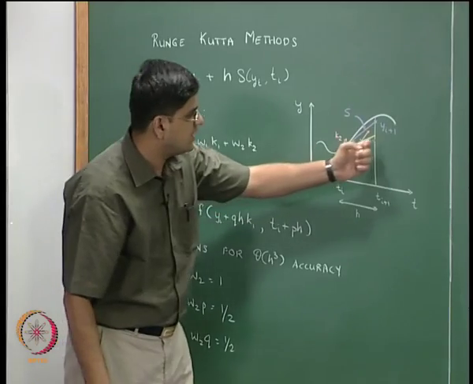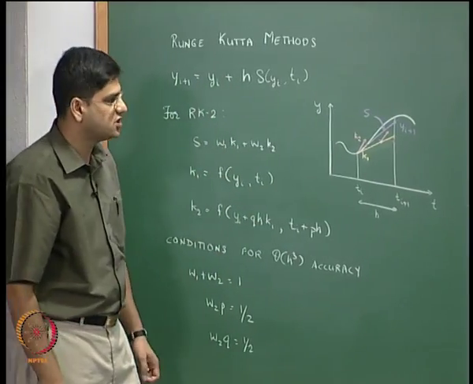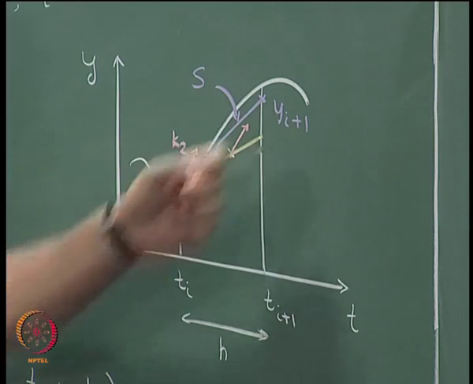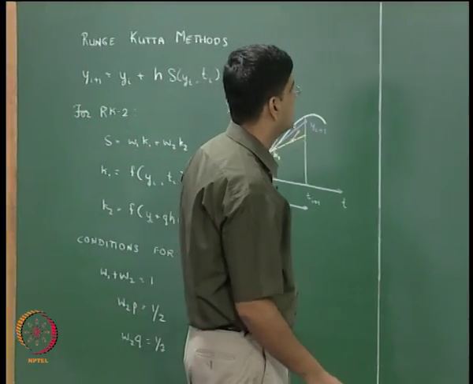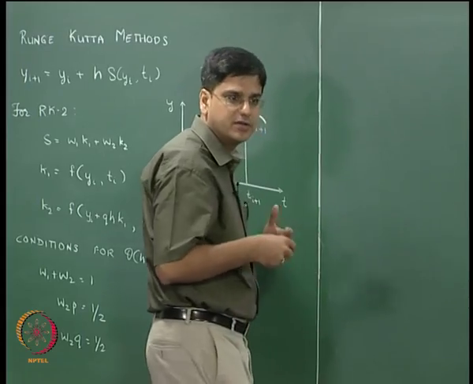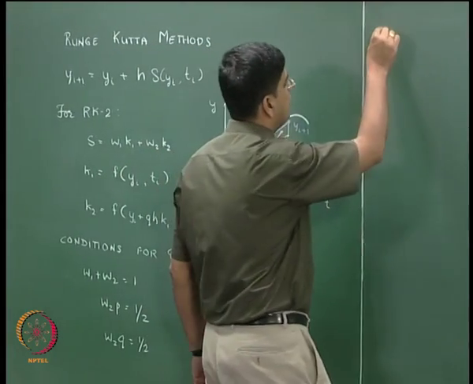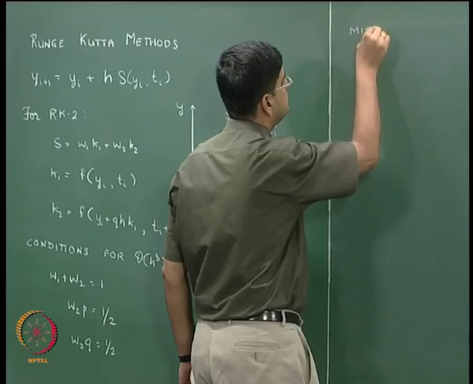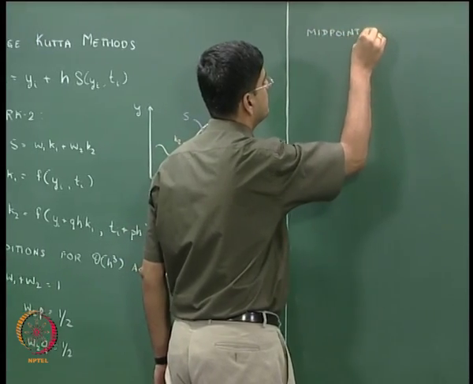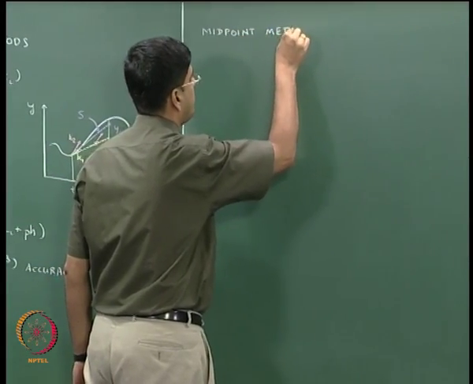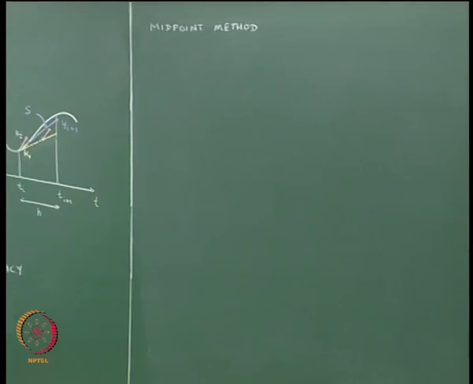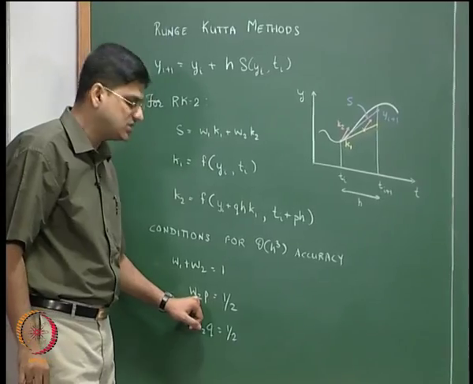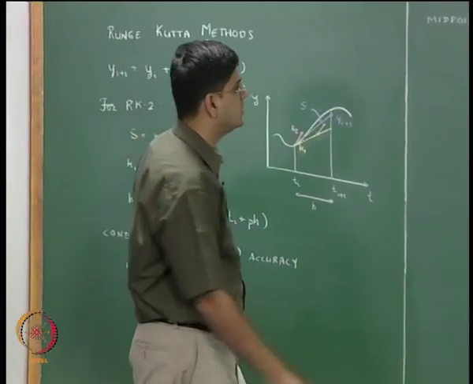So the yellow line that I have shown over here is the geometric interpretation of Euler's method. The purple line that I have shown over here is the geometric interpretation of RK2 method. The two specific RK2 methods that are of greater interest to engineers, one is the midpoint method. In the midpoint method we had chosen our P equal to half, so our Q also was equal to half, W2 was equal to 1 and W1 was equal to 0.